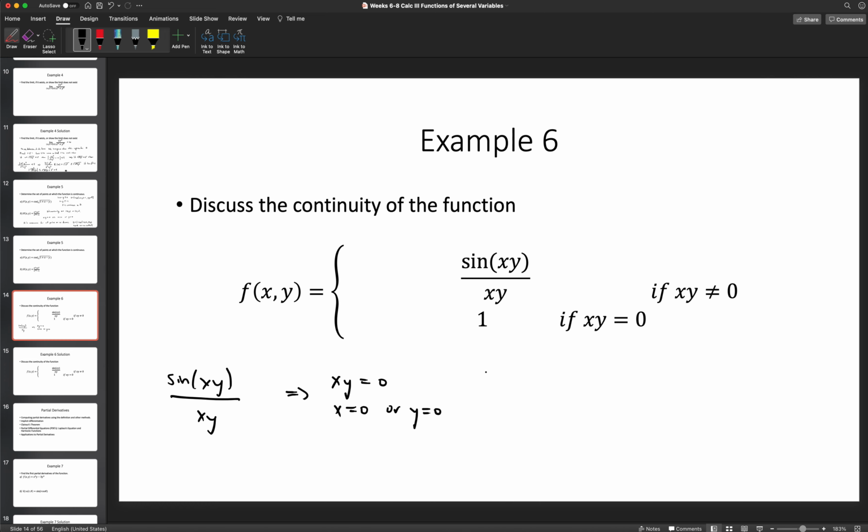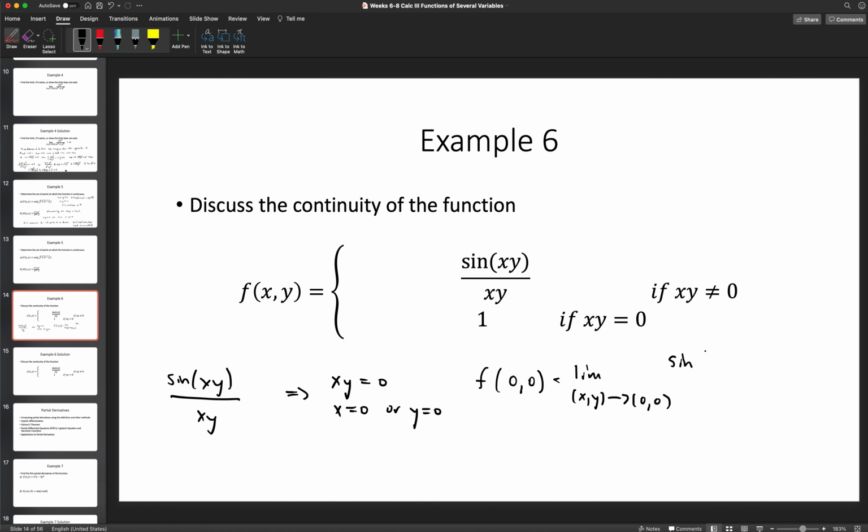Now if we compute f of, let's say, 0, 0, that will have to be equal, using the limit definition of continuity, to the limit as x, y goes to 0, 0.